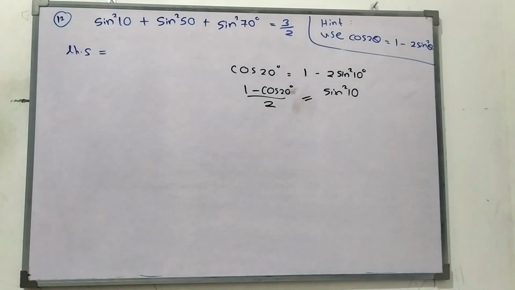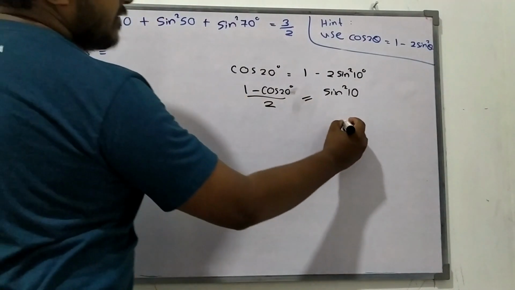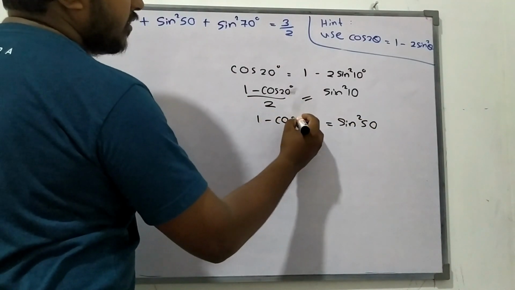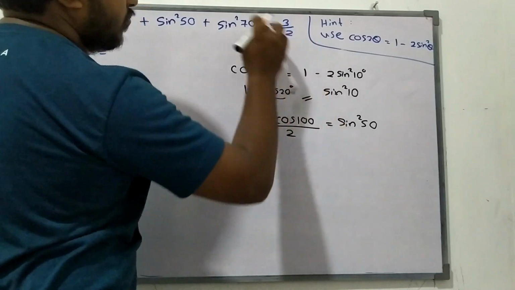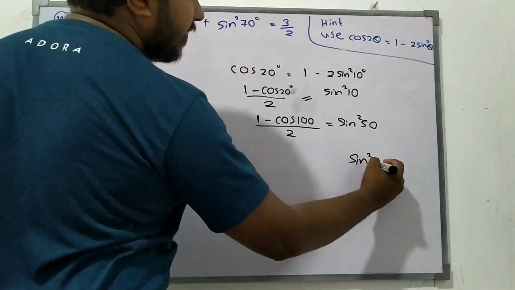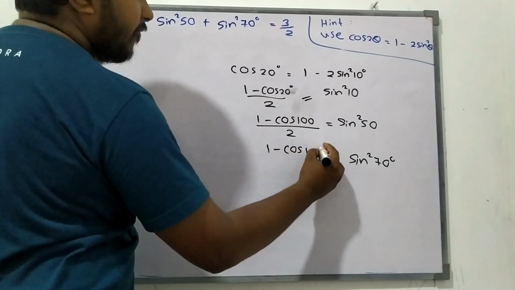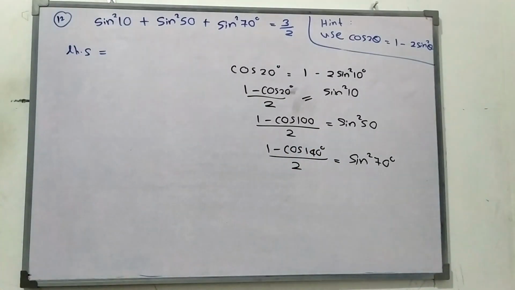Likewise, sine squared 50 is (1 minus cos 100) over 2. Sine squared 70 is (1 minus cos 140) divided by 2. So we can add these three, right?